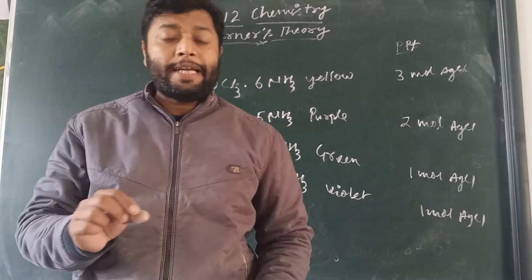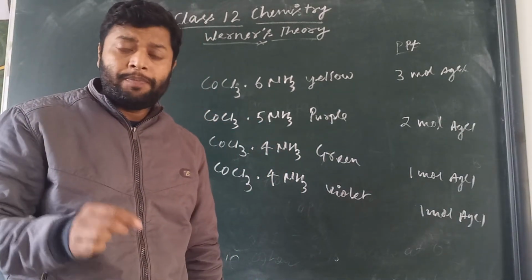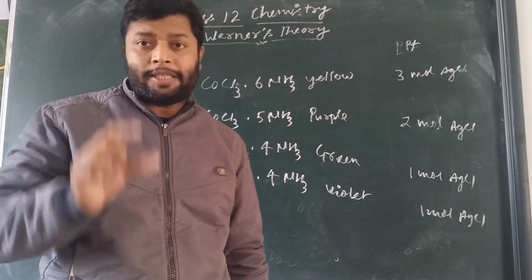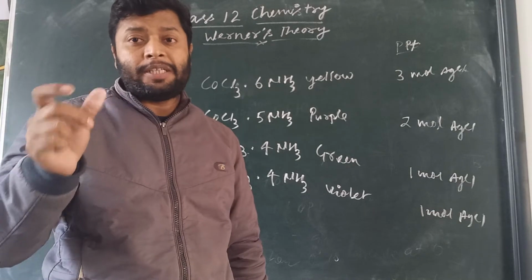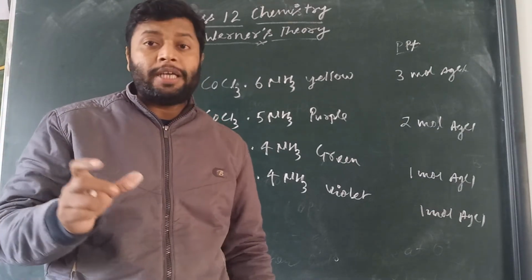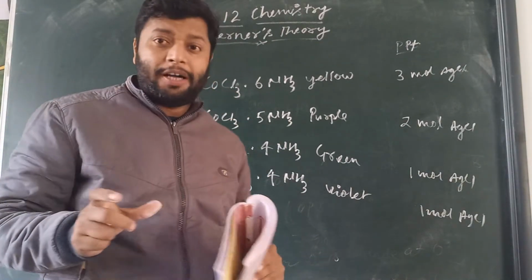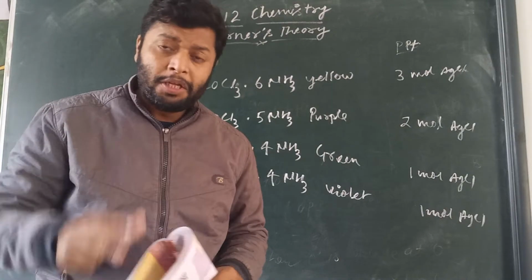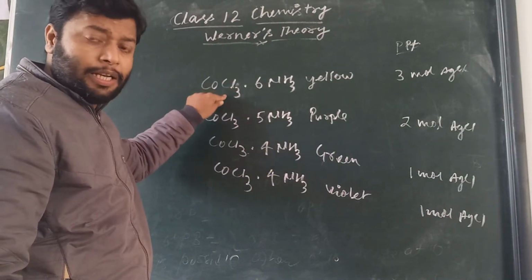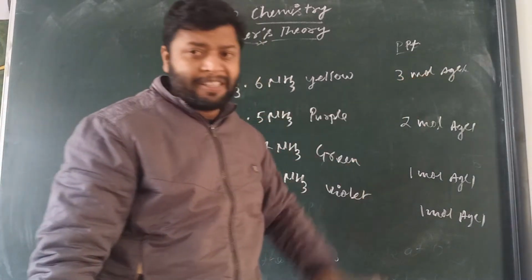What conclusion can we draw? In the last lecture I explained that those ions which ionize in water can be easily precipitated by passing silver nitrate solution, because they are ionizable. Out of 3 Cl, all 3 Cl on passing silver nitrate solution gave 3 mole AgCl precipitate.